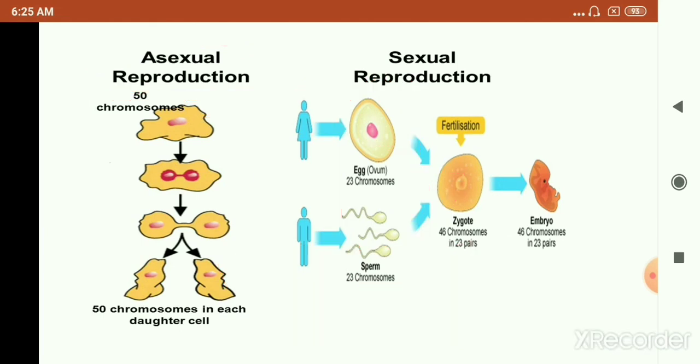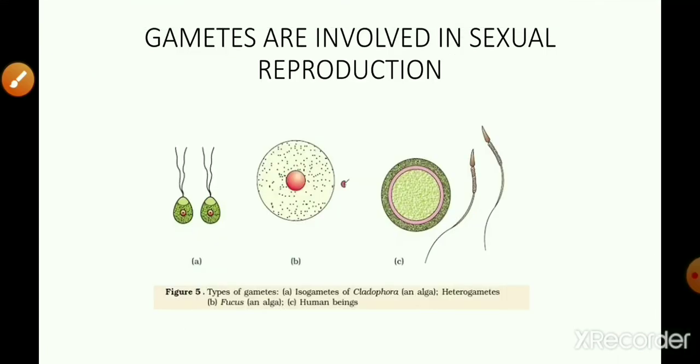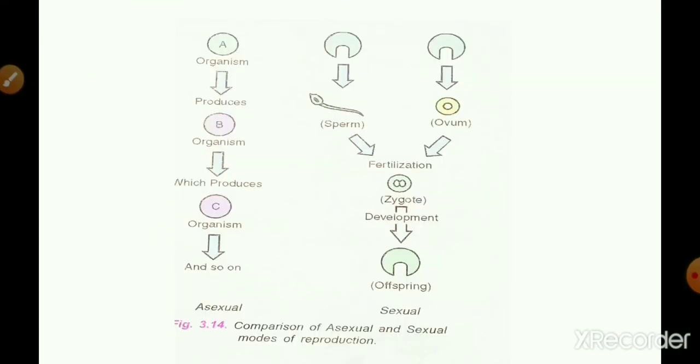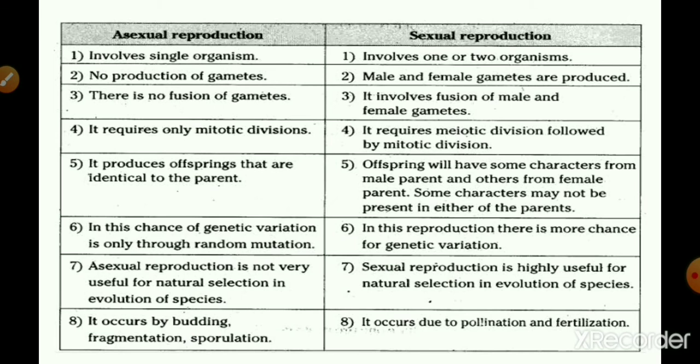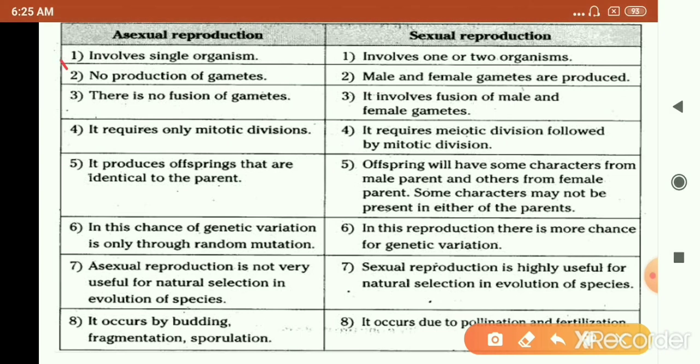So the process involves the gametes here. That's about the features of sexual reproduction. Before I conclude, let me tell you about the differences between asexual and sexual reproduction. Asexual reproduction involves a single parent, whereas there are two parents involved in sexual reproduction.